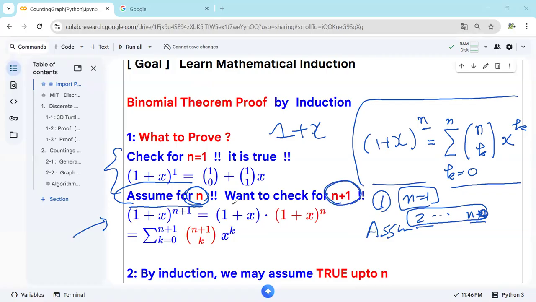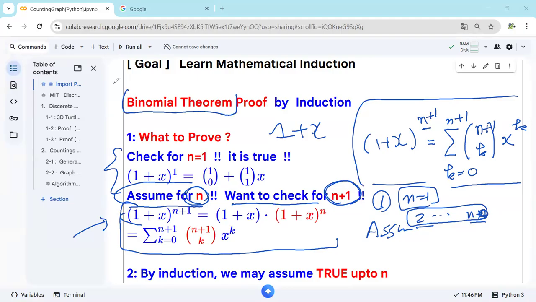We want to check for n plus 1. If we can prove this case, then by mathematical induction we can say this binomial theorem is true.